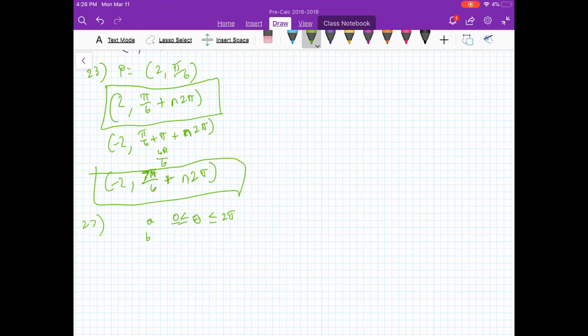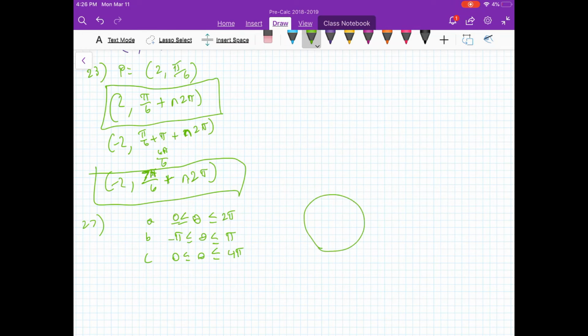For B, negative pi is less than or equal to theta, and theta is less than or equal to pi. And for C, 0 is less than or equal to theta, which is less than or equal to 4 pi. All right, so let's go ahead and try to visualize what they're talking about here.